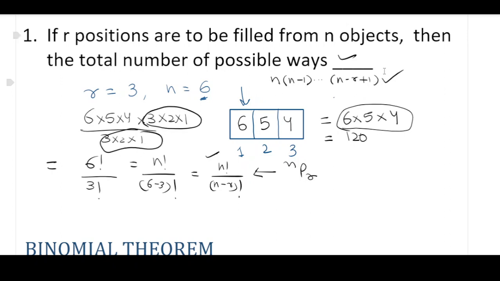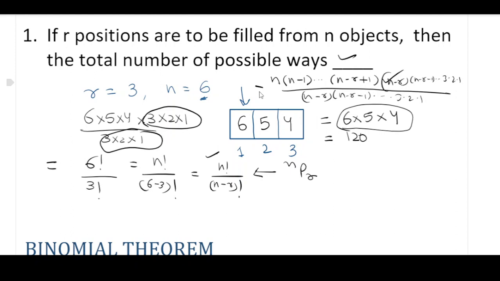that is, over here, what you can do is multiply by n minus r minus 1 and so on till 3, 2, 1, and divide also by the same quantity, n minus r minus 1 till 3, 2, 1.